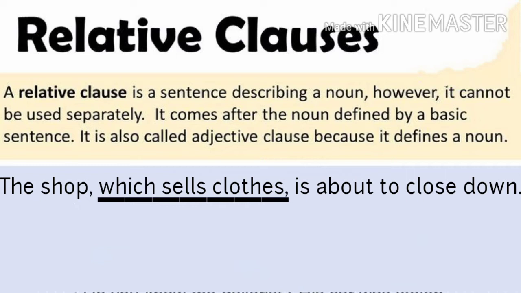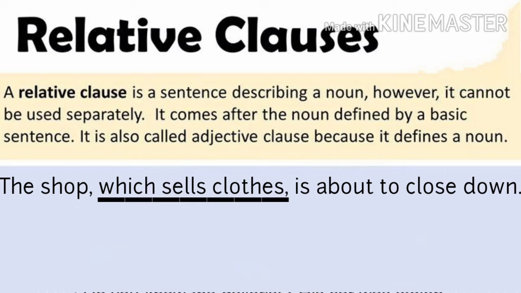This clause describes the noun the shop, and it cannot be used separately. So after the noun we used this clause. It can be called an adjective clause because it defines the noun the shop.